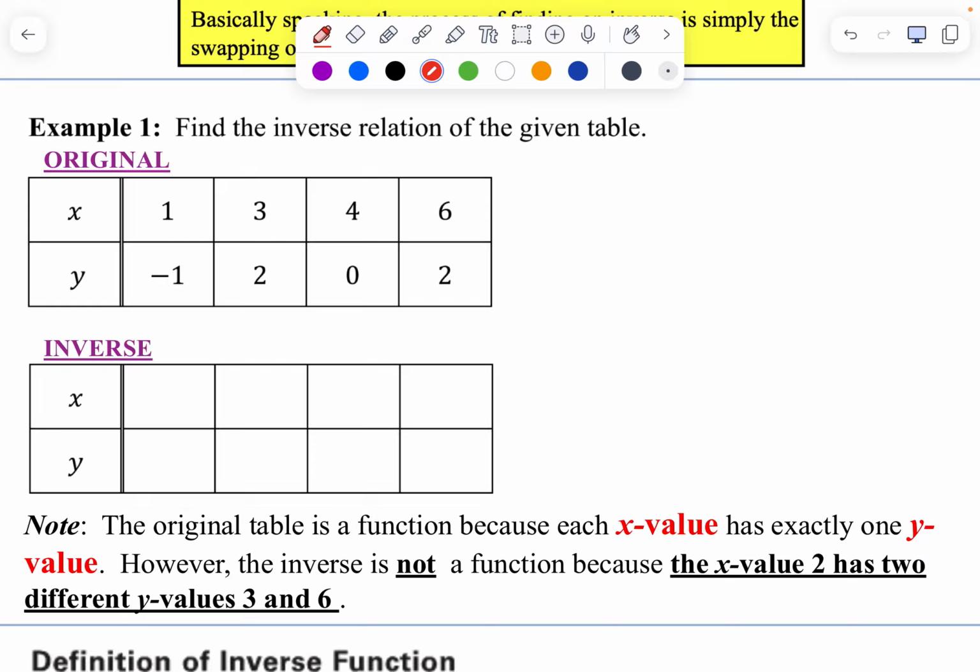Looks like on my function, we have a point right there at (3, 1). So (3, 1), what does that become on my inverse? It becomes (1, 3). Looks like on my function, we've got a point up there at (0, 4). Swapping the x's and the y's, what does (0, 4) become? (4, 0).